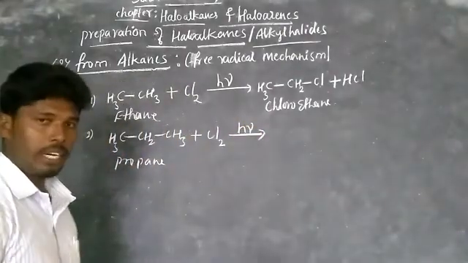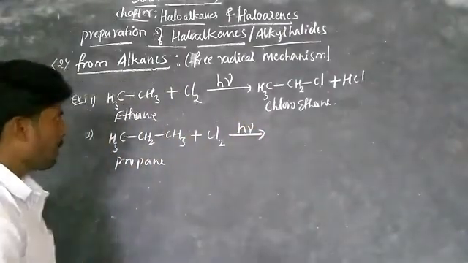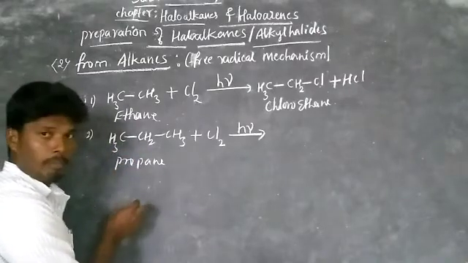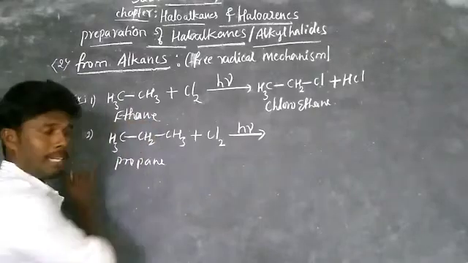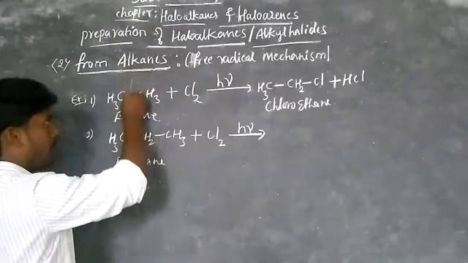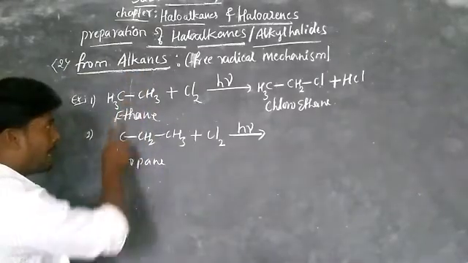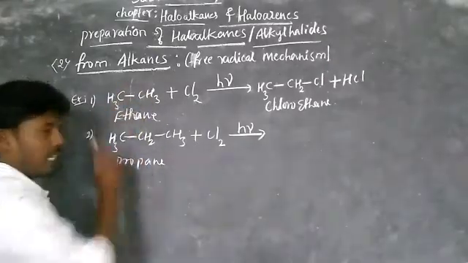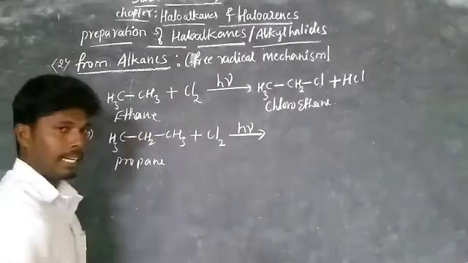In this case, you get two products because this is an unsymmetrical molecule. Observe, actually this is a symmetrical molecule when we break the molecule at the center; you get two equal halves. Hence we call it a symmetrical molecule.